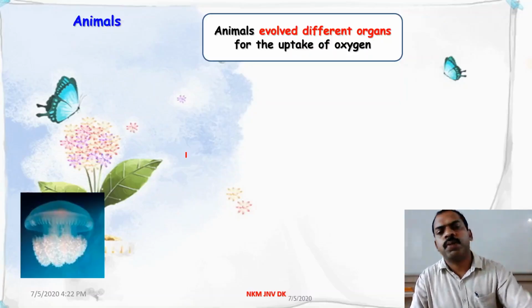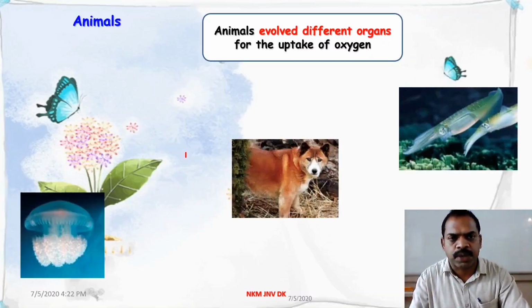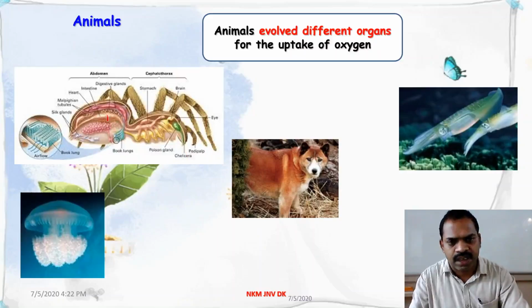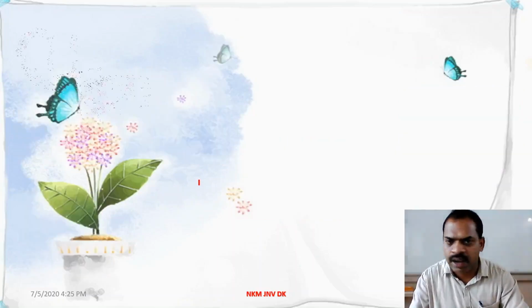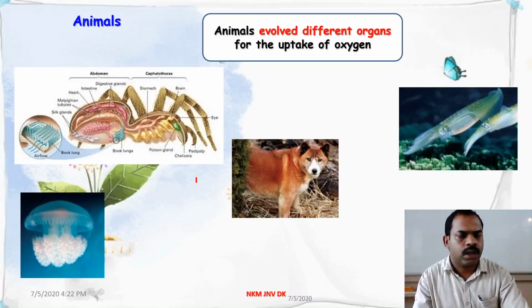As they become more and more complex, they have diverse types of respiratory organs. Here they have book lungs, here they have lungs, like that it changes. So they have different types of respiratory organs depending on the complexity of their body systems and on where they are surviving.